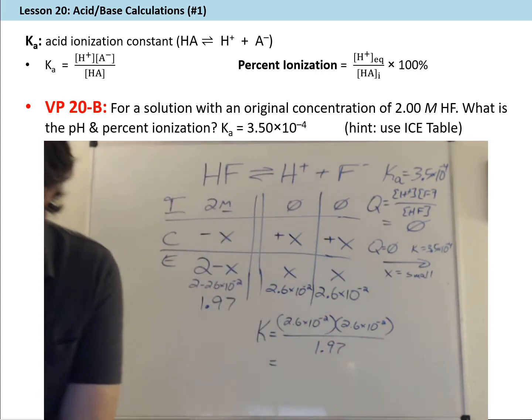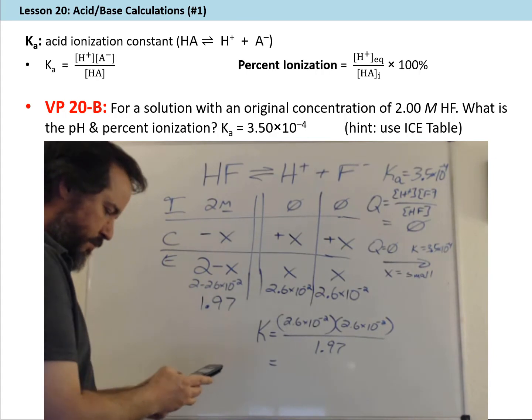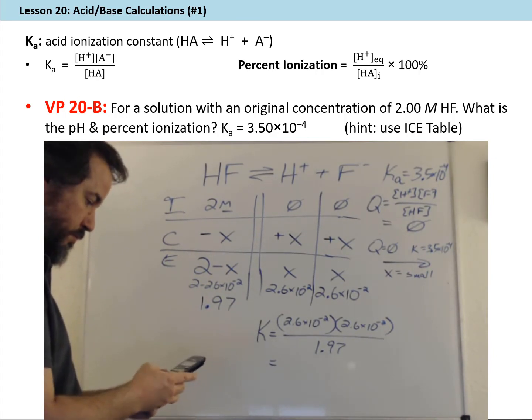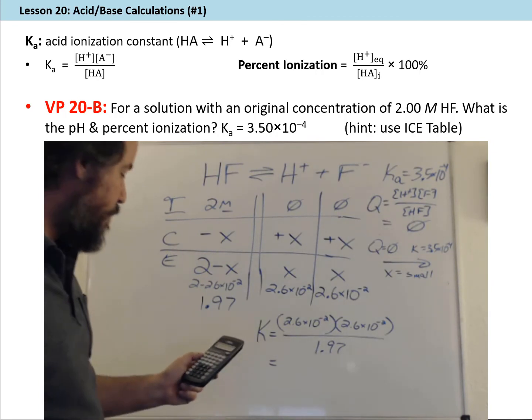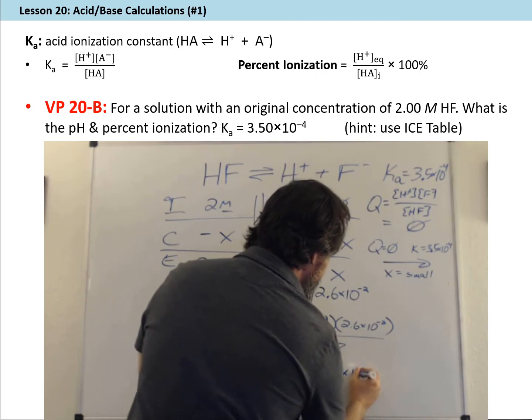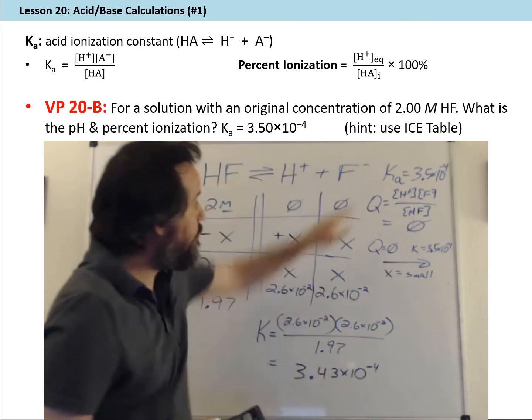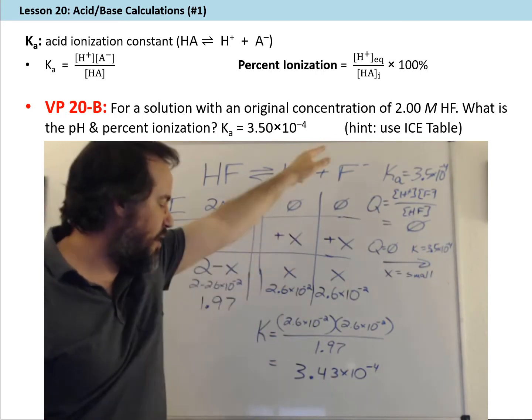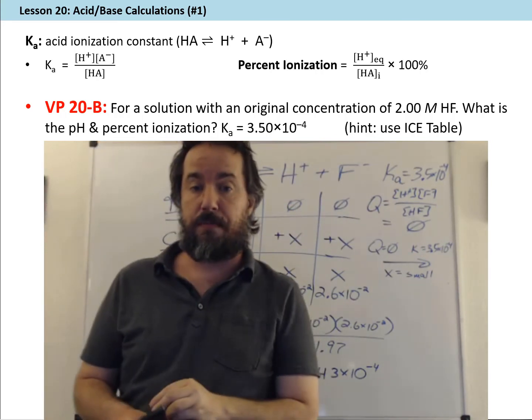And what do I get as an answer? I get 3.43 times 10 to the negative 4. That's pretty close to what I started with, right? Not exactly, because I made that assumption, but pretty close, okay?